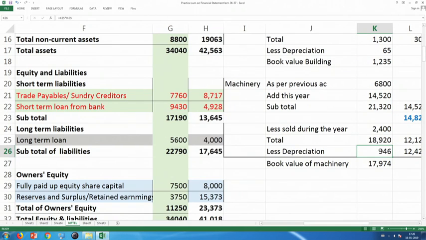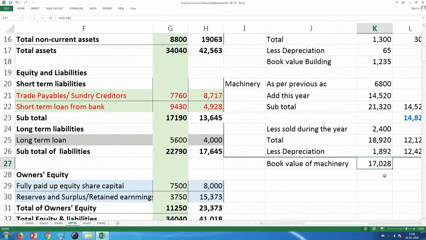So, depreciation is equal to 0.1 into total asset.